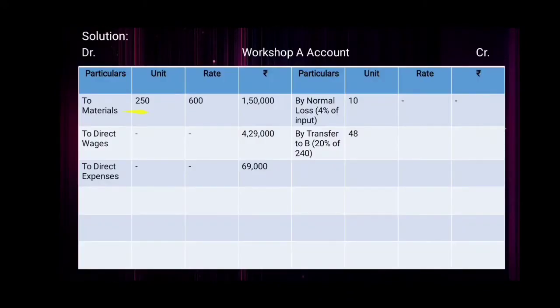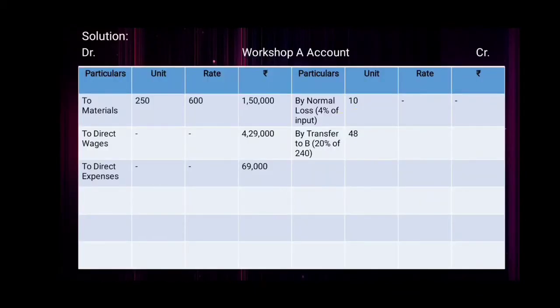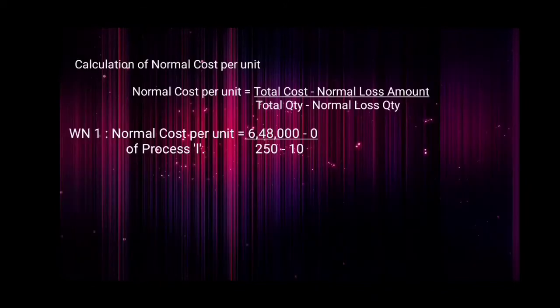Total quantity is given as 250 minus normal loss quantity, which is given as 10 units, which is equal to rupees 2,700 per unit.